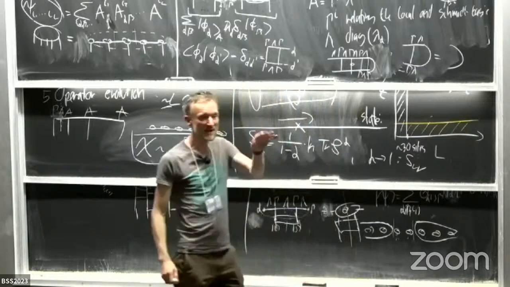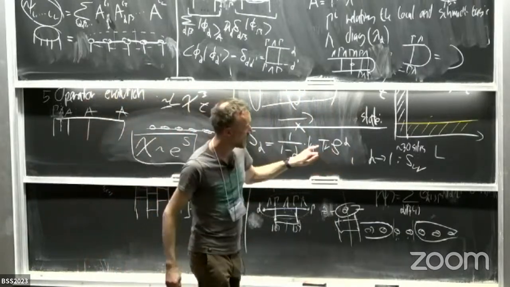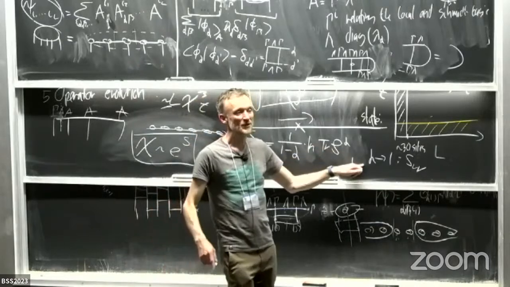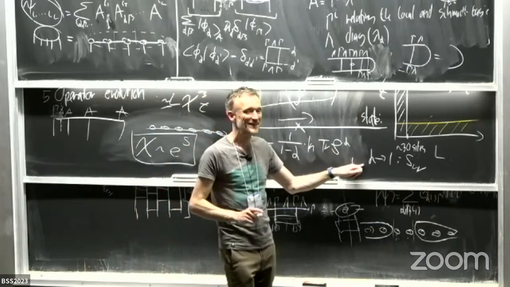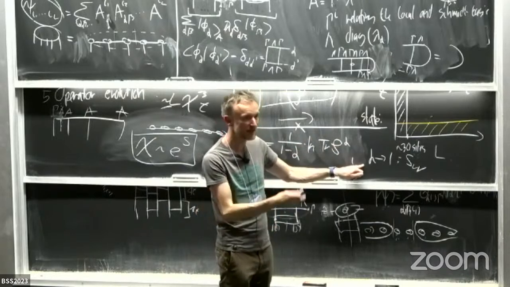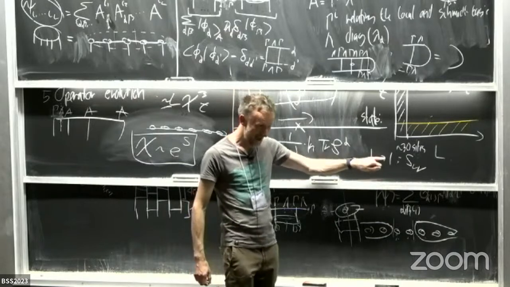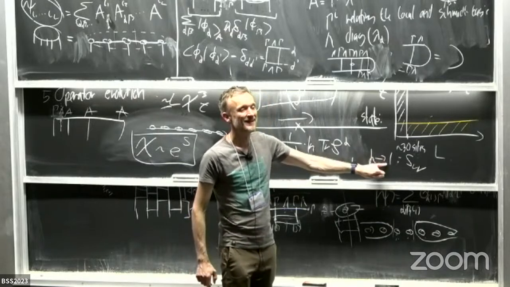And the statement that I made is that if you have an area law for Renyi entropies with an alpha smaller than 1, you can make rigorous statements about the states being efficiently representable in terms of MPS, but not for alpha actually being 1.